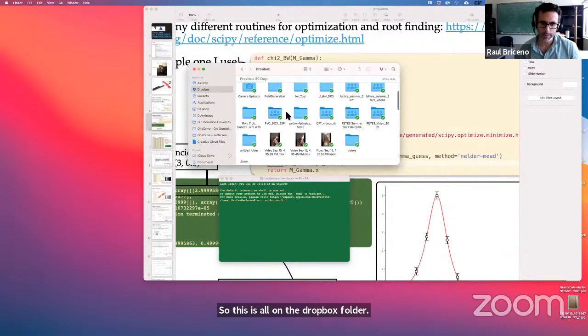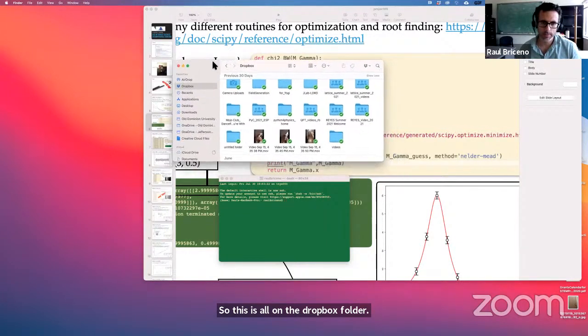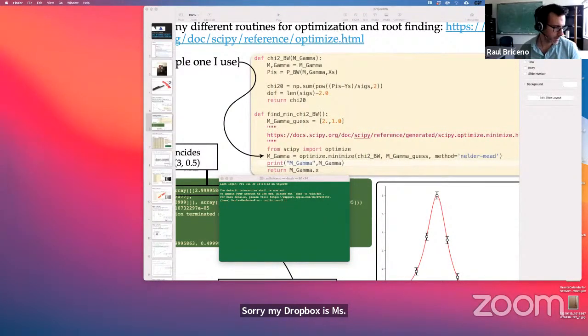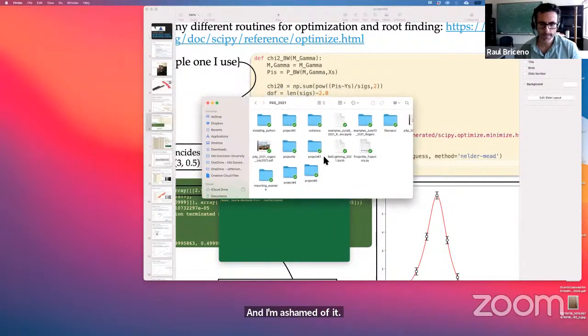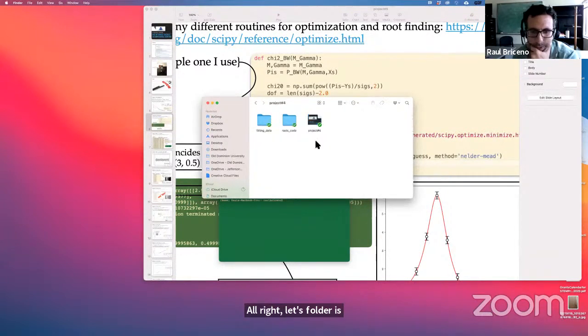Sorry, my Dropbox is a mess. I shouldn't have shown you my Dropbox because it's such a mess. And I'm ashamed of it. There we go. All right, which folder is this in? This is project 4, right?